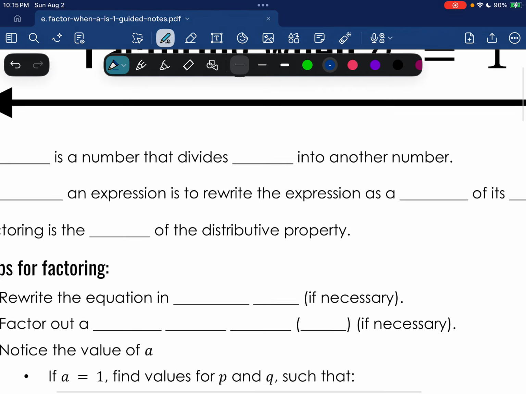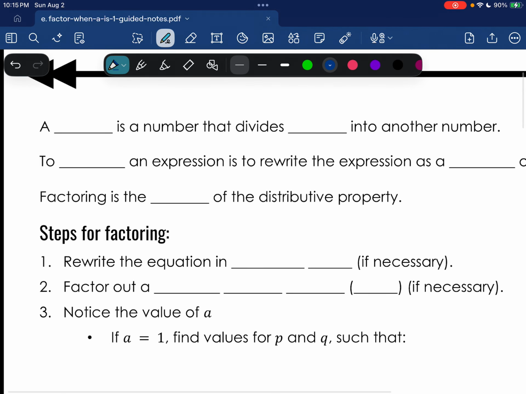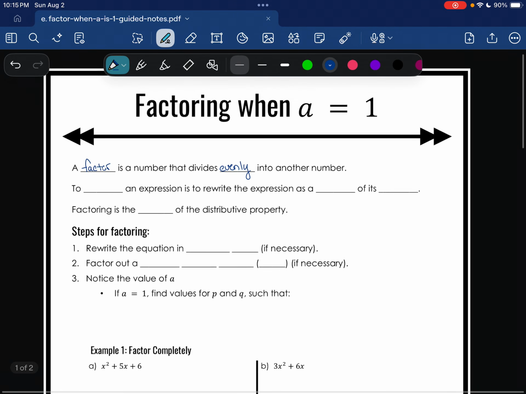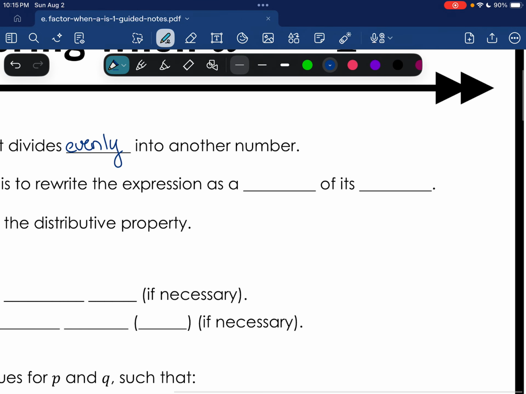You'll recall that a factor is a number that divides evenly into another number. So if we think about 24, for example, it has the following factors. Let me write them as pairs because that's how we'll need to see them when we are factoring these trinomials in a second.